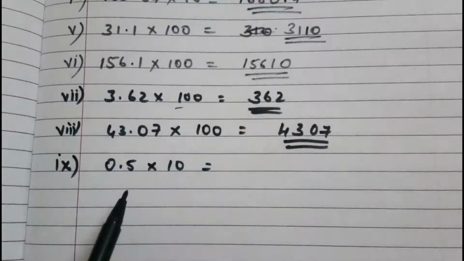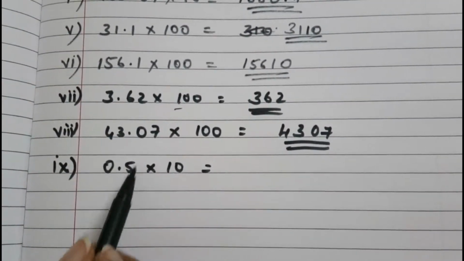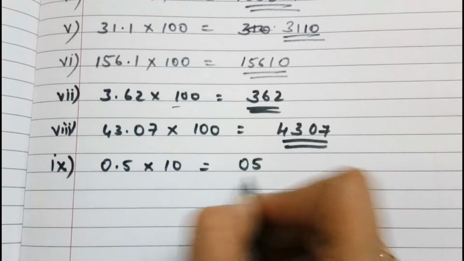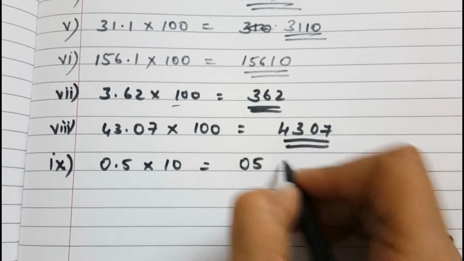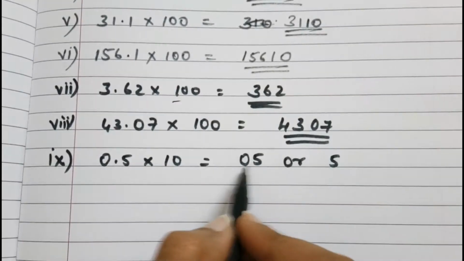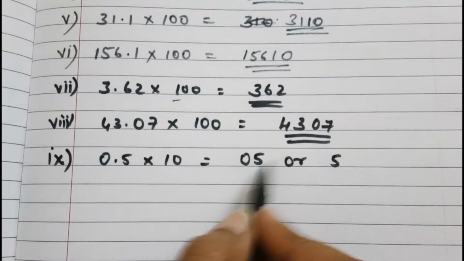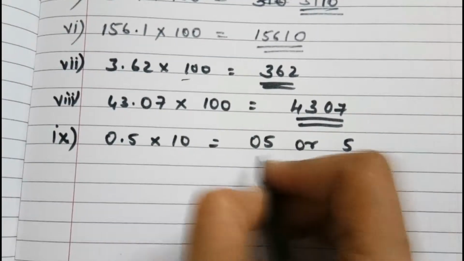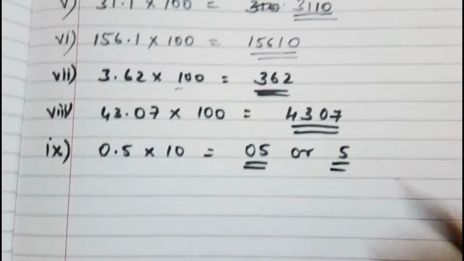Now what will happen here? This 5 will come out. So 0.5 becomes 5. Now, you can either write this as 05 or you can only write it as 5, because there is no decimal point here. So any zero before any number has no value. So you can either write this or this.